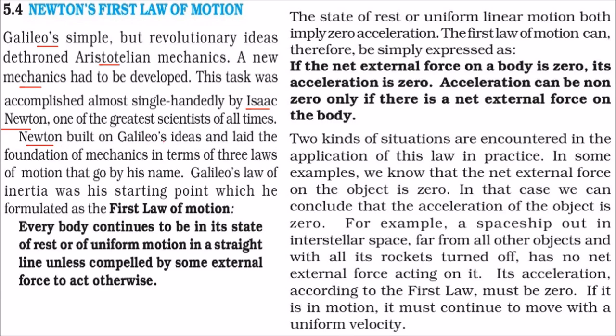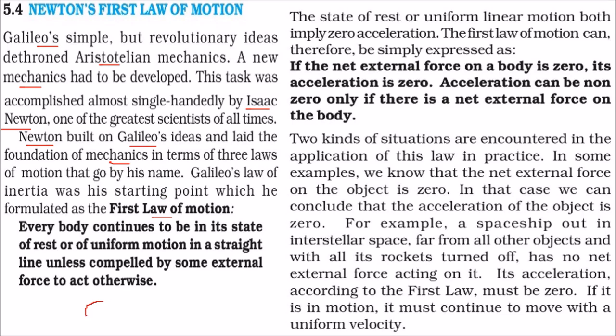Newton took Galileo's ideas as the base, and then he laid the foundation of mechanics in terms of three laws, which we know by his name. Galileo's law of inertia was the starting point, which he formulated in terms of the first law of motion.